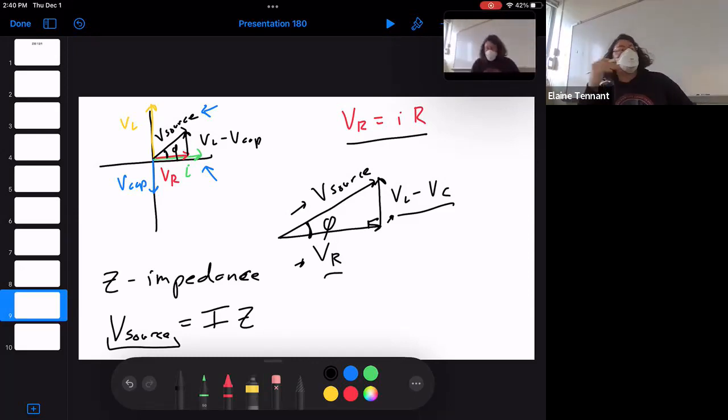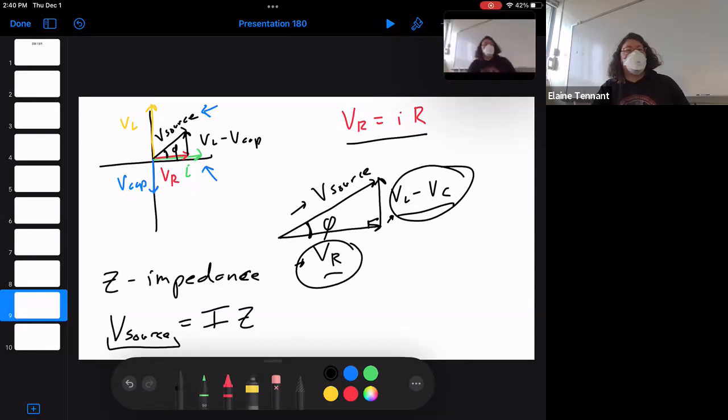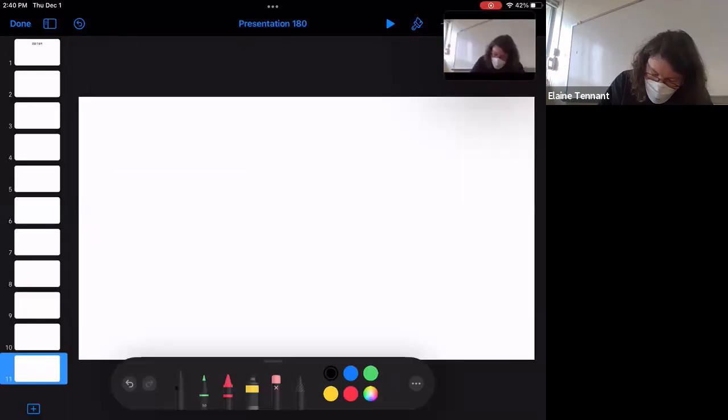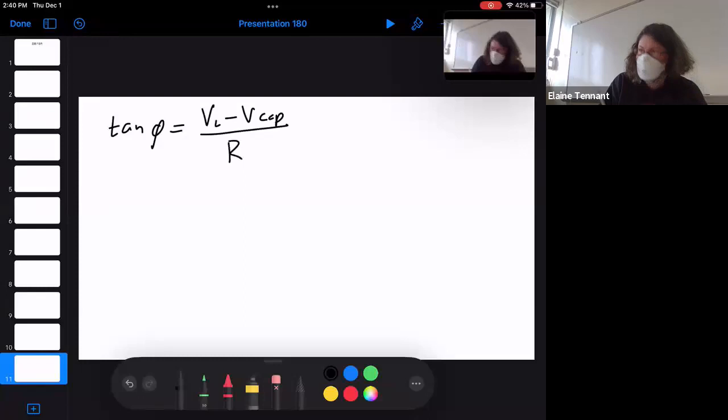Which, again, if you look at this triangle, you can certainly figure out what that phase angle is with those two sides, your opposite and your adjacent side. If I'm using the opposite and adjacent side of this triangle, what trig function do I want? I want a tangent. So the tangent of the phase angle is the opposite side over the adjacent side.